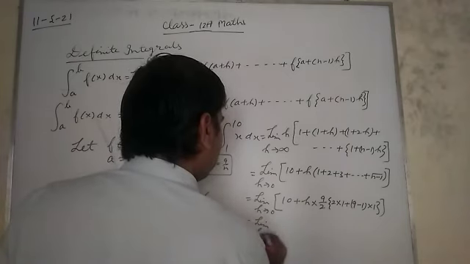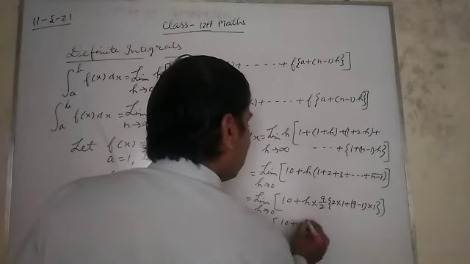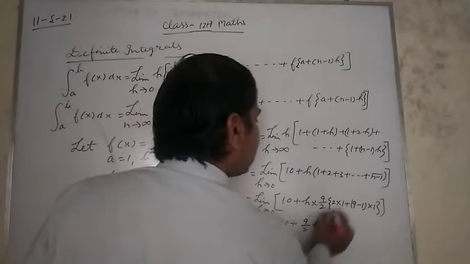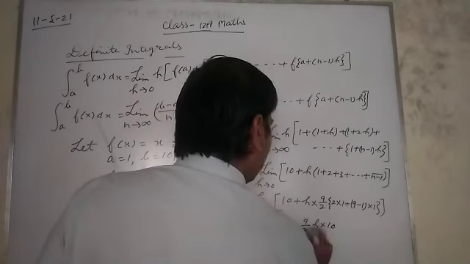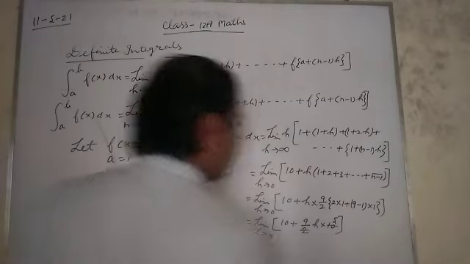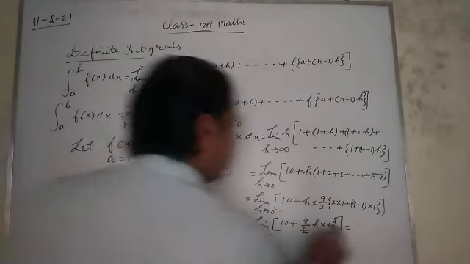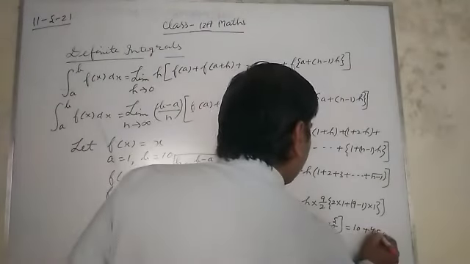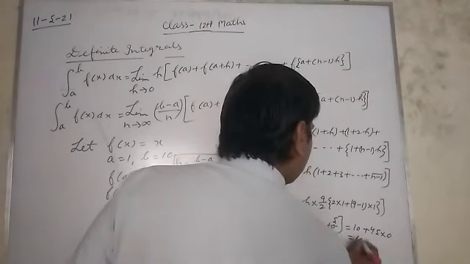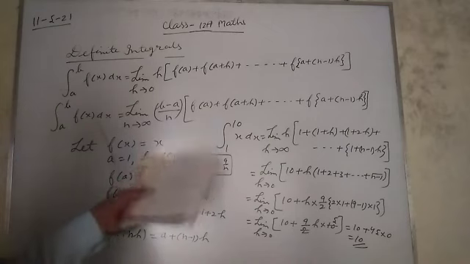Limit h tends to 0, 10 plus here 9 by 2h, and this 2 plus 8, 10. So 2, 5, 10. Then remove the limit. So what will be? 10 plus, and here 45 into h means 0, so 10. And you integrate it and find what is coming.